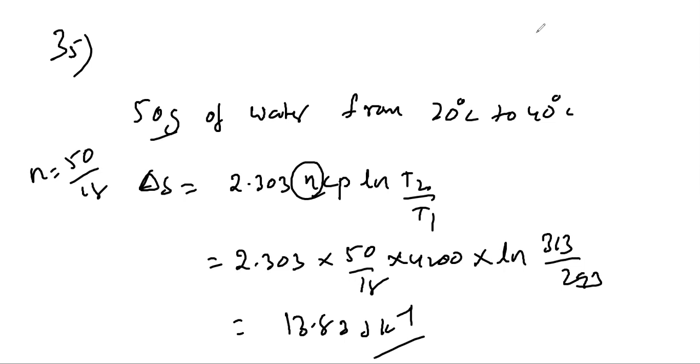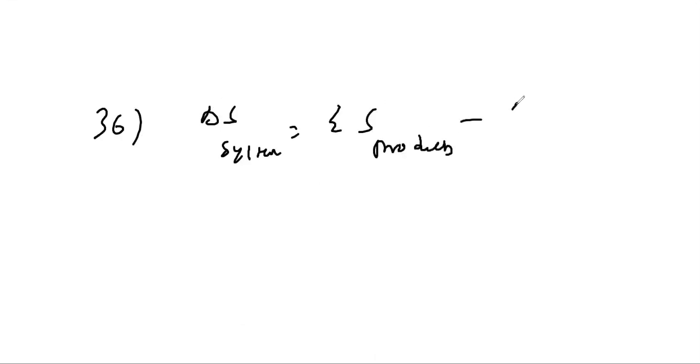Question number 36. Delta S system is equal to summation of products minus summation of reactants.